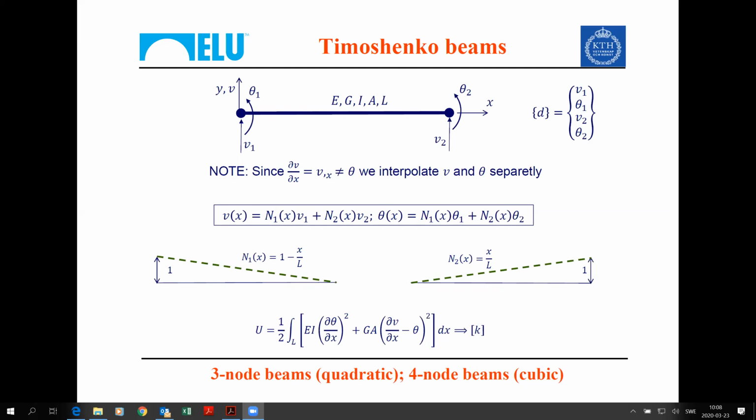So could we say that the Euler-Bernoulli is like we have a better approximation? In some sense, yes. But in another sense, no, because then we don't consider the shear strength. Exactly.